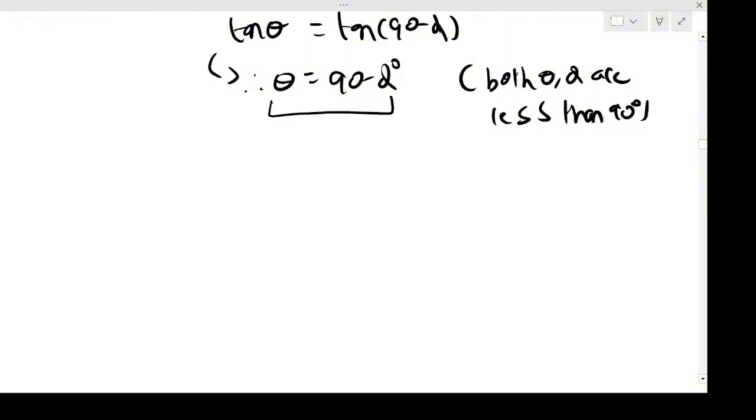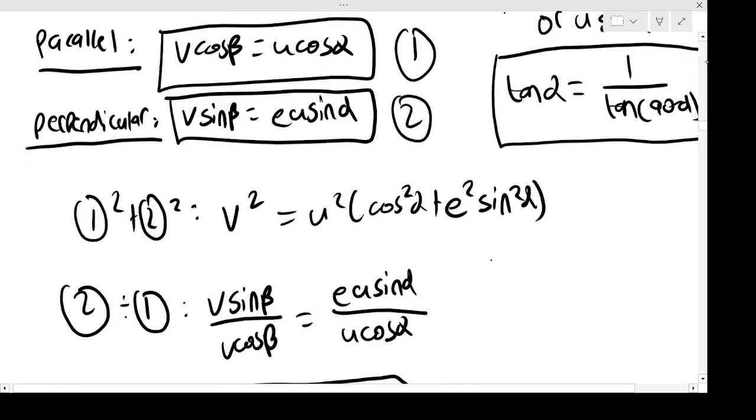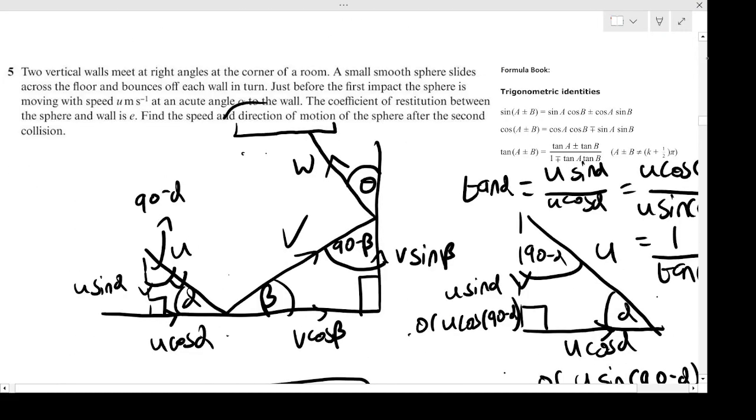Because theta is 90 minus alpha, if it's asking for direction of motion, what we can do is consider the angle deflections. If we want to work out direction of motion, we can just work out the angle deflections. It's the same thing, right? So we can work out the angle deflections for the two collisions.